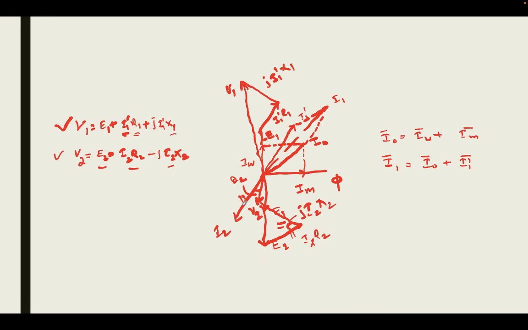And since I2 lags V2, this is for an inductive load. Now, considering this phasor diagram, we can easily find out the phasor diagram for resistive load as well as capacitive load.